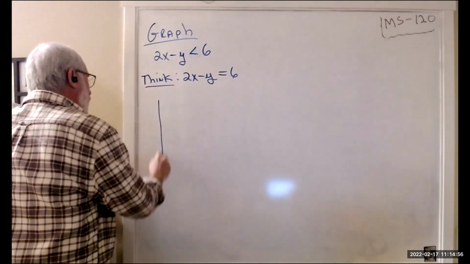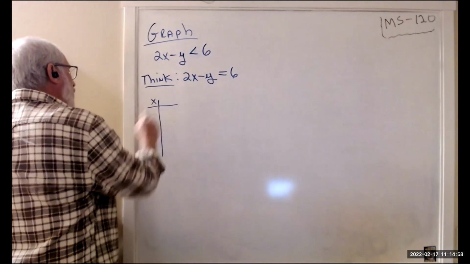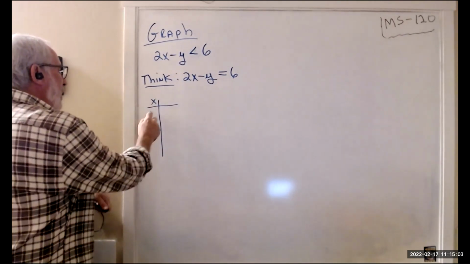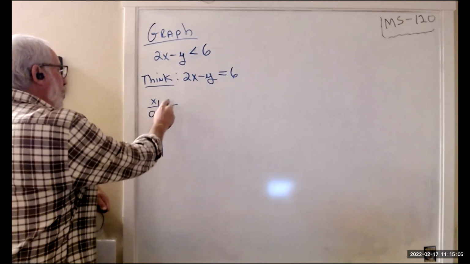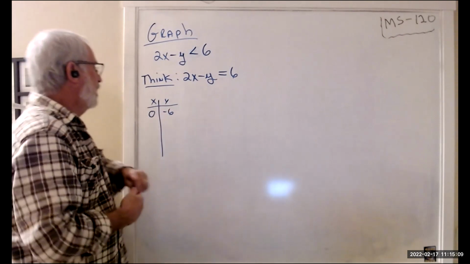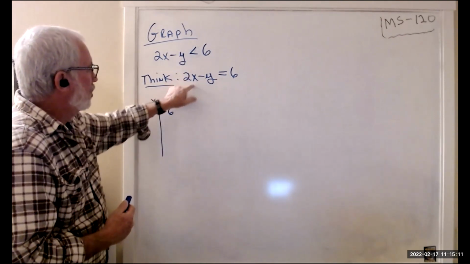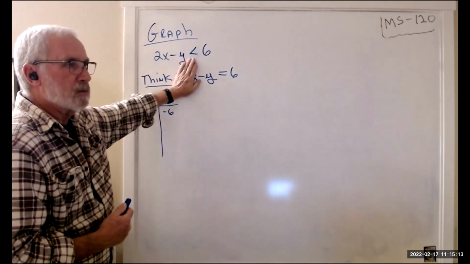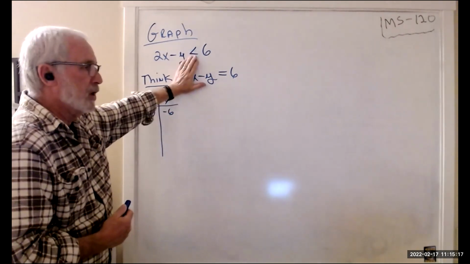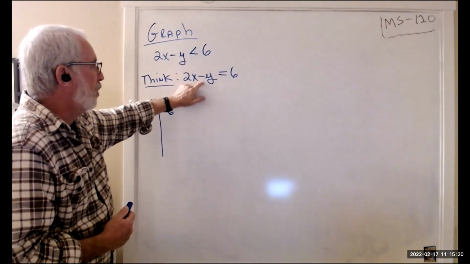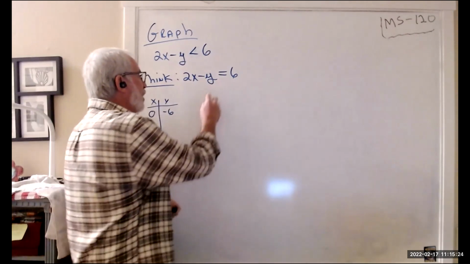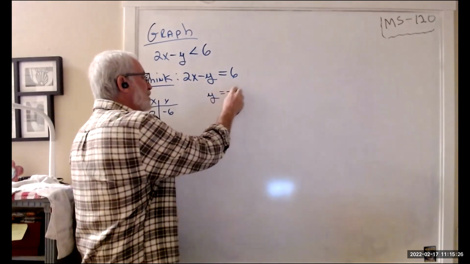And I am a real big proponent of using an XY table. If X is 0, Y is -6. How did I get that? If X is 0, this drops out of the problem. The 2x will fall out because 2 times 0 is 0. It's gone. So if I have -y equals 6, that implies positive y equals -6.